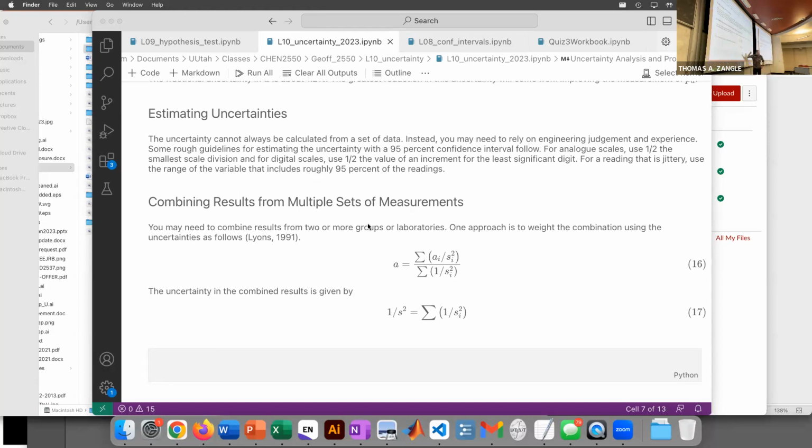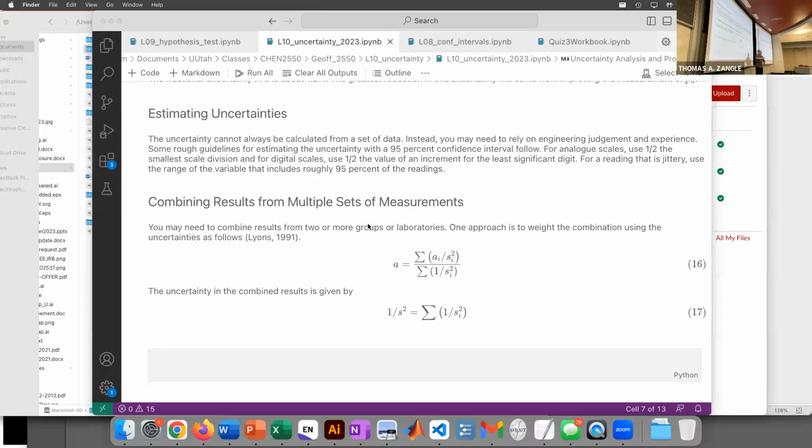So in engineering, we are often going to be using those measured values to then estimate something else further down the line. So we can use this propagation of uncertainties idea to propagate not only the mean value, but also the uncertainty. And as an aside, I mentioned that as an engineer, oftentimes communicating uncertainty is just as important as communicating the mean result. And so this can be a very critical part of your work.